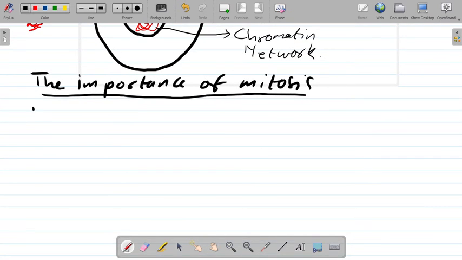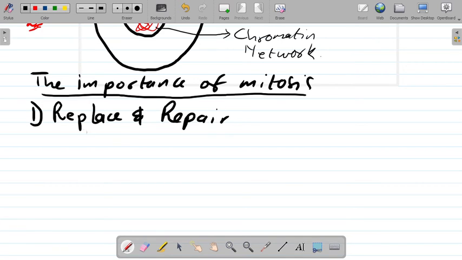Number one, when your cells die, they need to be replaced. When they are damaged, they need to be replaced or repaired. The importance of mitosis is basically to replace and repair old, worn out cells, right?